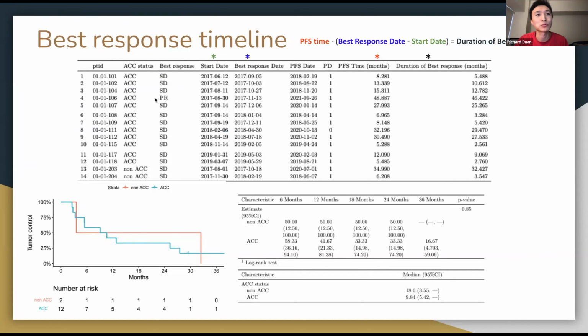There's one partial response, and then the rest were stable. Why is this just 14 patients out of 24? I think the other ones didn't achieve stable disease. Oh, everyone else was PD. Yeah, I think so. That's why they only have 14 here.